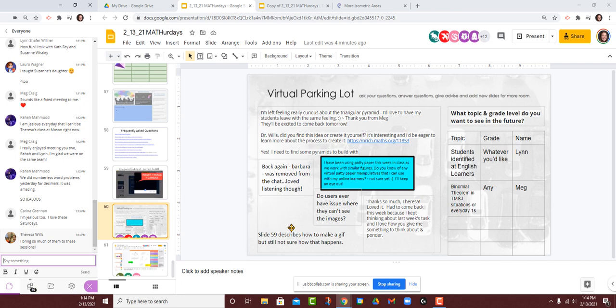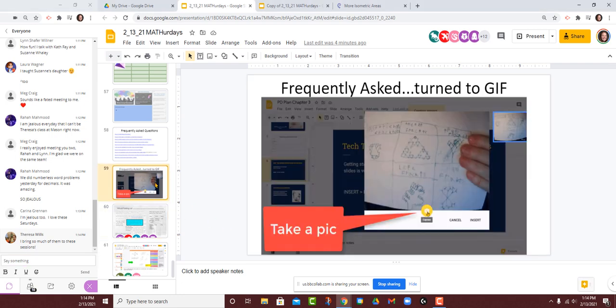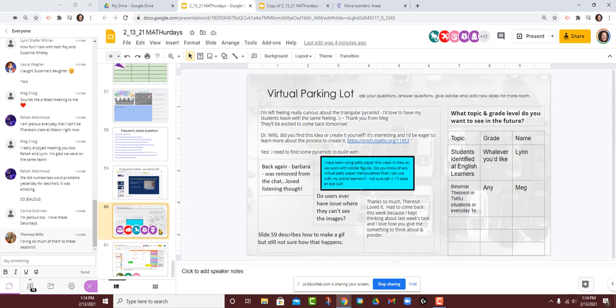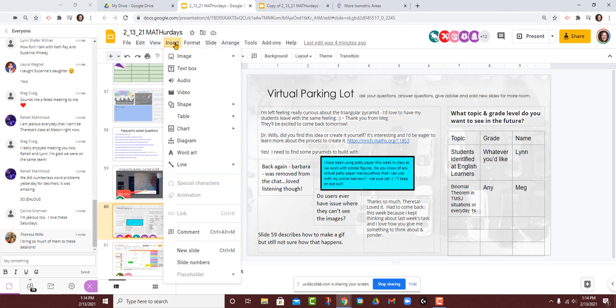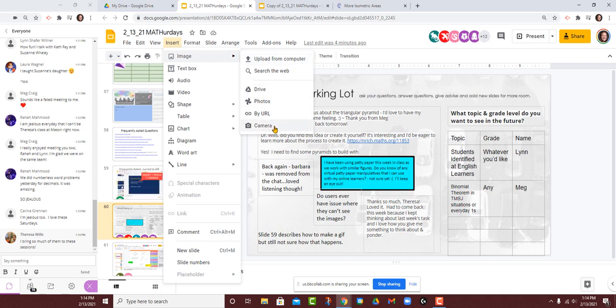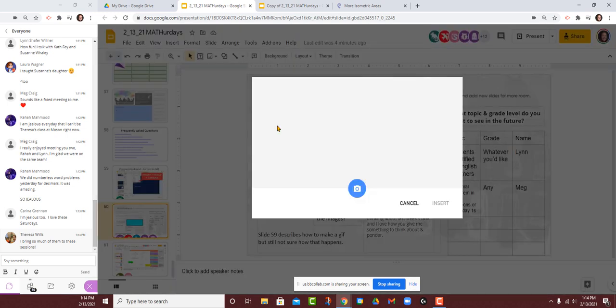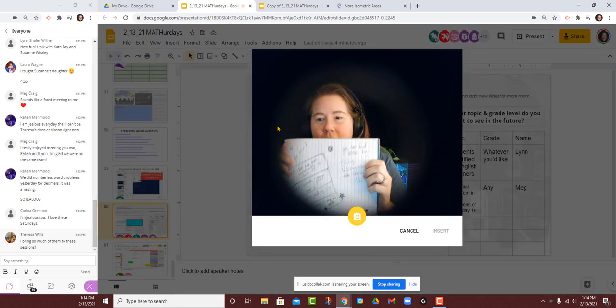I noticed somebody wrote on slide 59 that they're still not able to do this. So I'll demonstrate it again, but I'm kind of just demonstrating what's on there. You let me know if you're still on and if this is it. But I will go to Insert, Image, Upload from Computer, or excuse me, Camera. And what that does is it turns on my webcam. So I'll click that. You'll be able to see, hey, this is me.